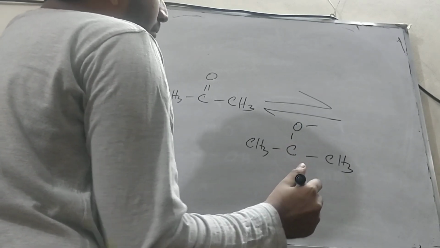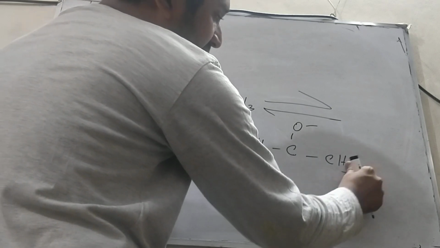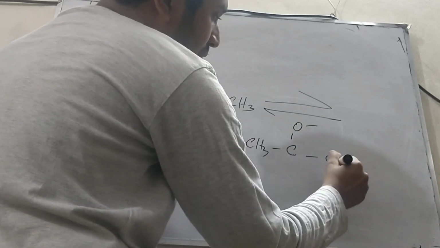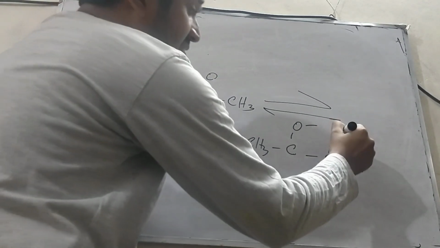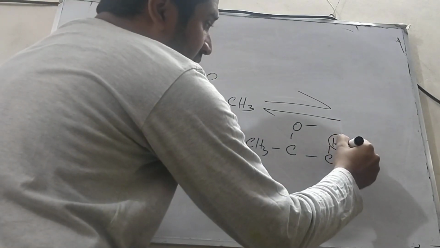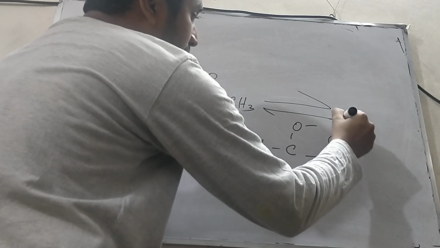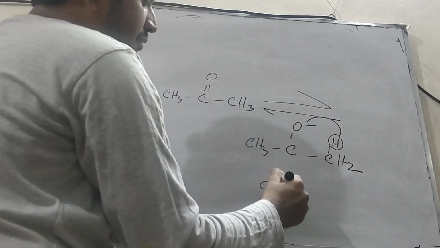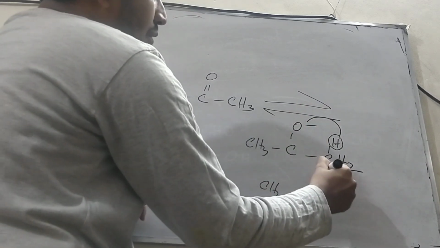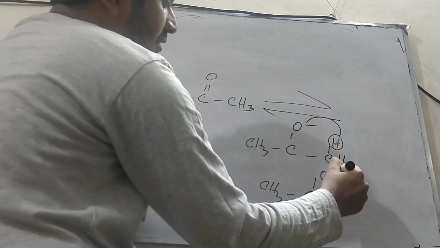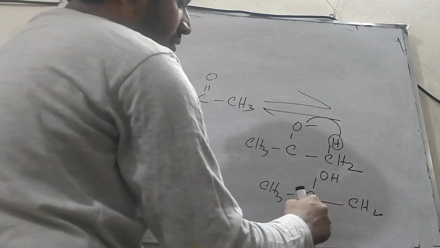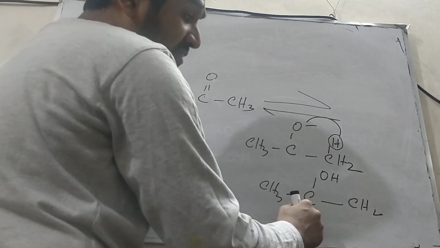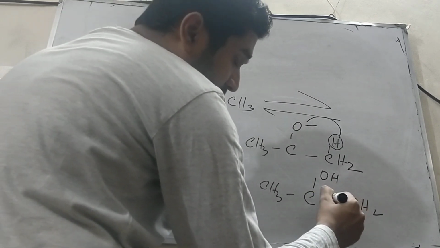So if we write here CH3, C, CH2 and H, this hydrogen will get the chance to bond with oxygen, and it will be just like OH, and it will be alcohol.